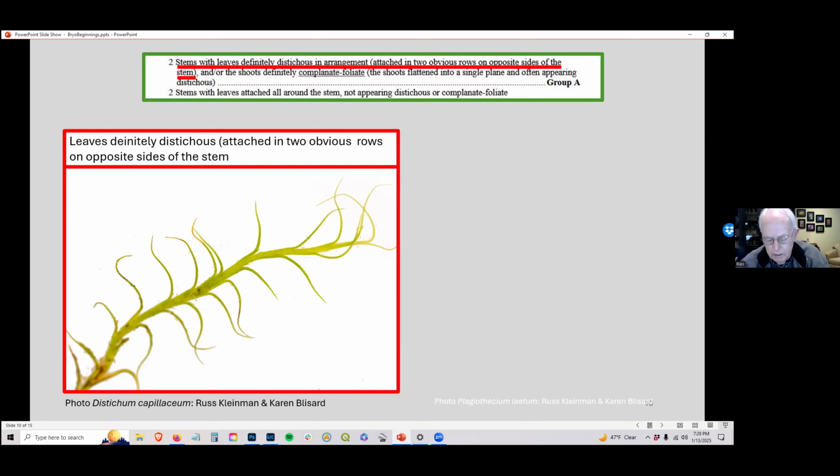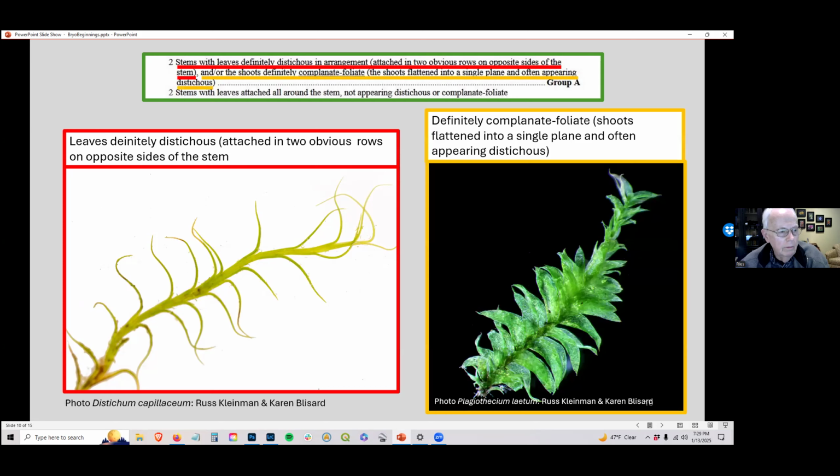The other thing that looks kind of like that is called complanate. They're also flattened, but they may look like this. That one's not. This is actually a good example to show because sometimes it's not real obvious they're flattened. When you get asked the question in the key, you need to take a really good look, and maybe you need to look at it real closely before you put it under a slip cover and don't know whether it was flat because of that or because it really is flat.